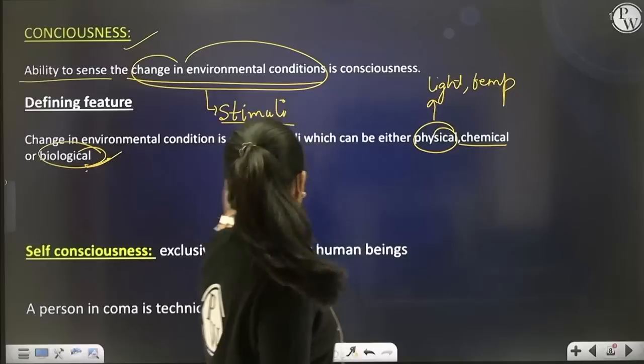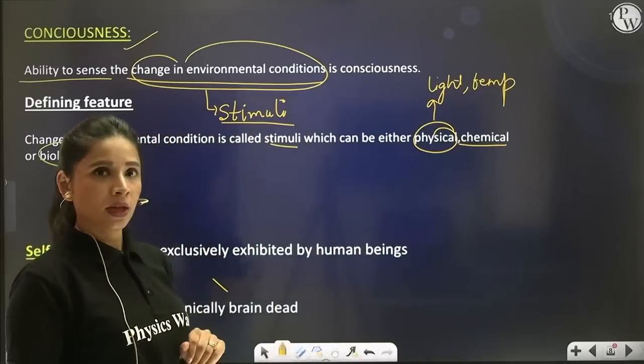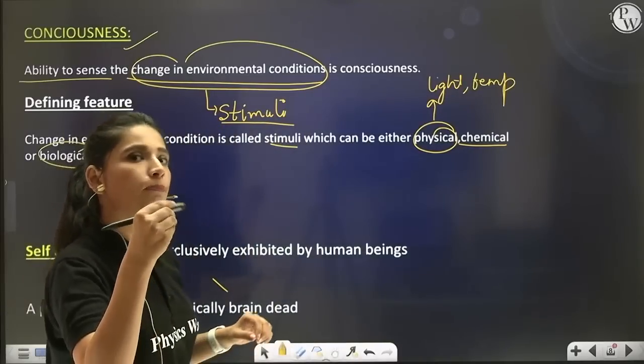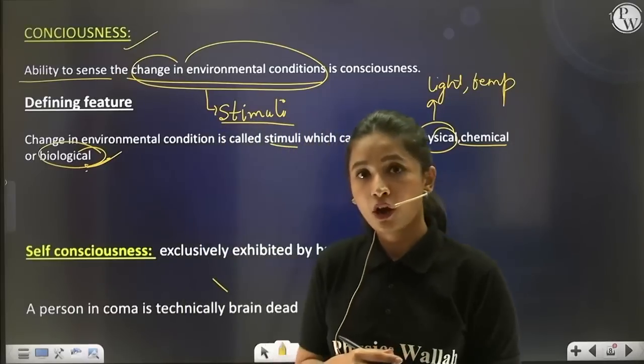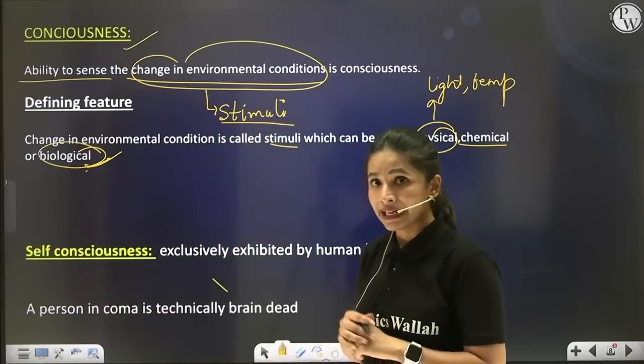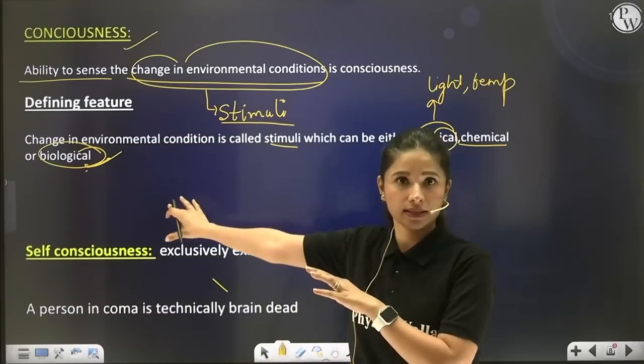Very good. Coming forward. Now beta, there is some point which is given in NCERT and is equally very, very important from the NEET point of view that I am going to discuss now.